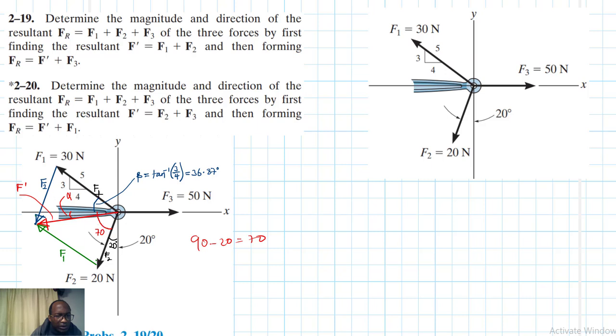We have this and this, so we can find this angle here. Let's find this angle here. Let me draw that here, like so.